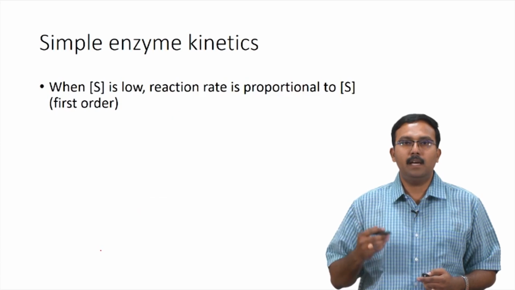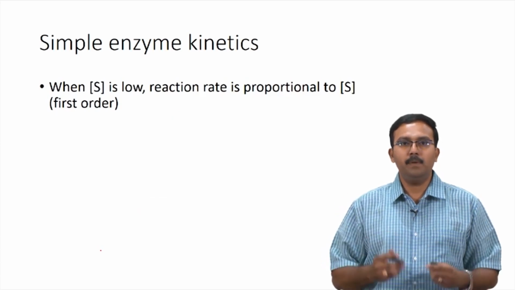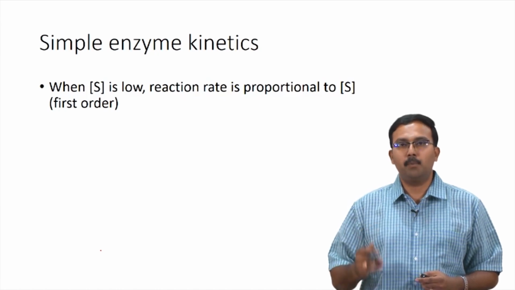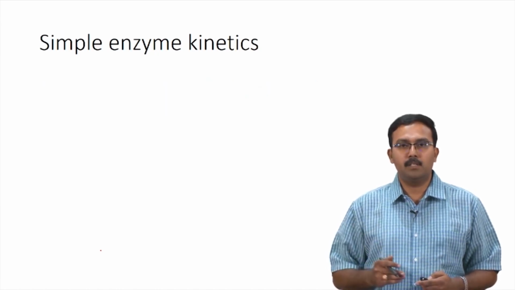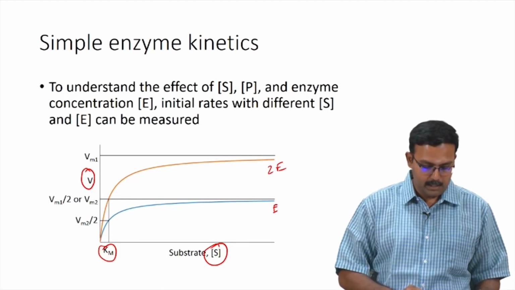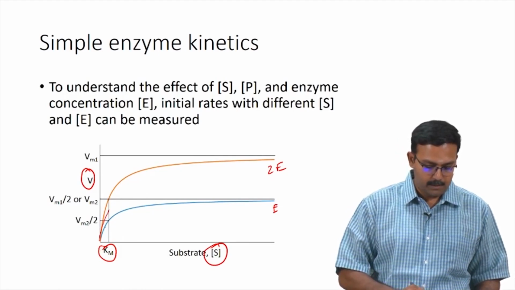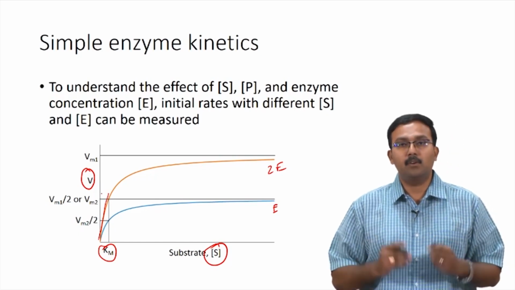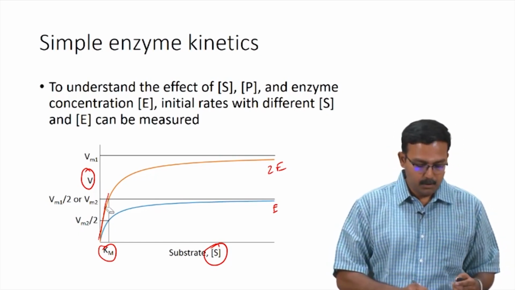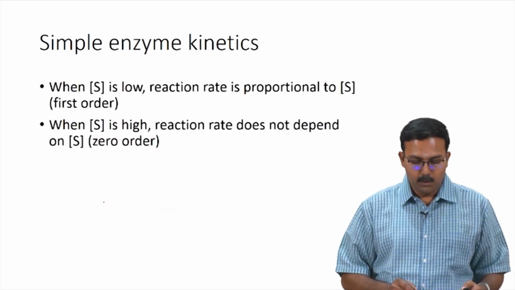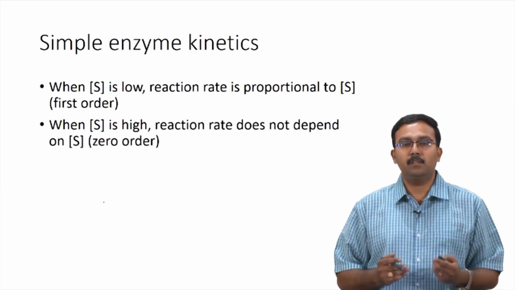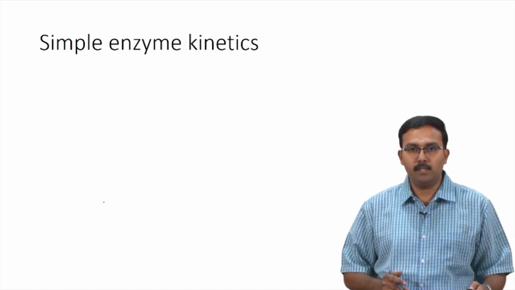If we look at this particular setup, when the substrate concentration is low, the reaction rate is proportional to the substrate concentration, which is what you see in the initial phase, where it is almost a straight line. As the substrate concentration increases, the reaction rate does not depend on the substrate concentration anymore, which is what you see here.